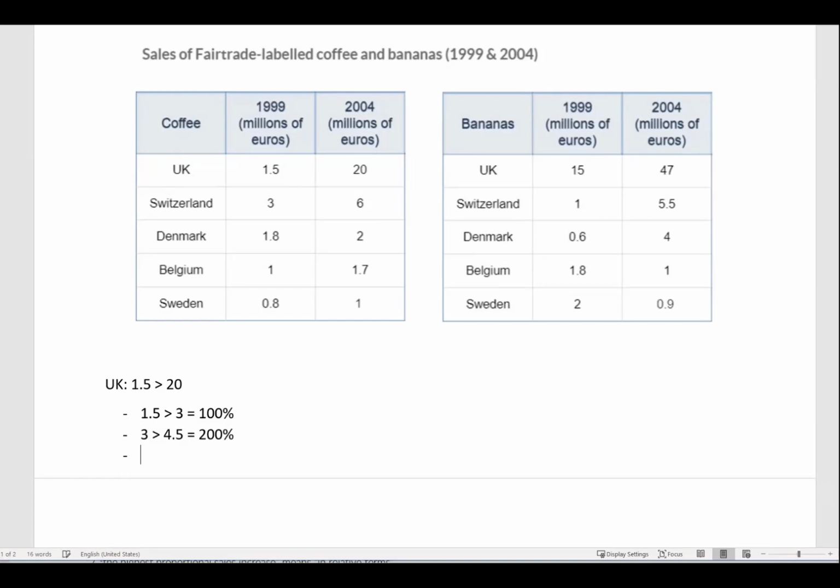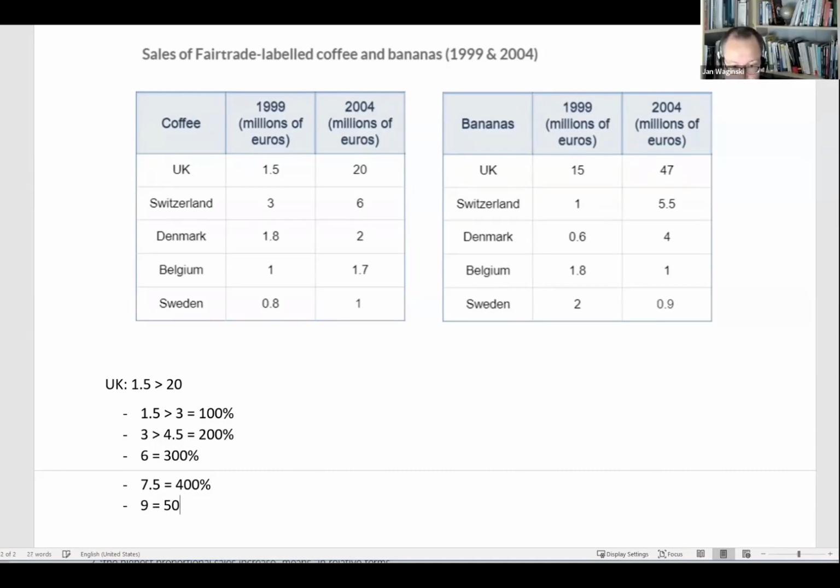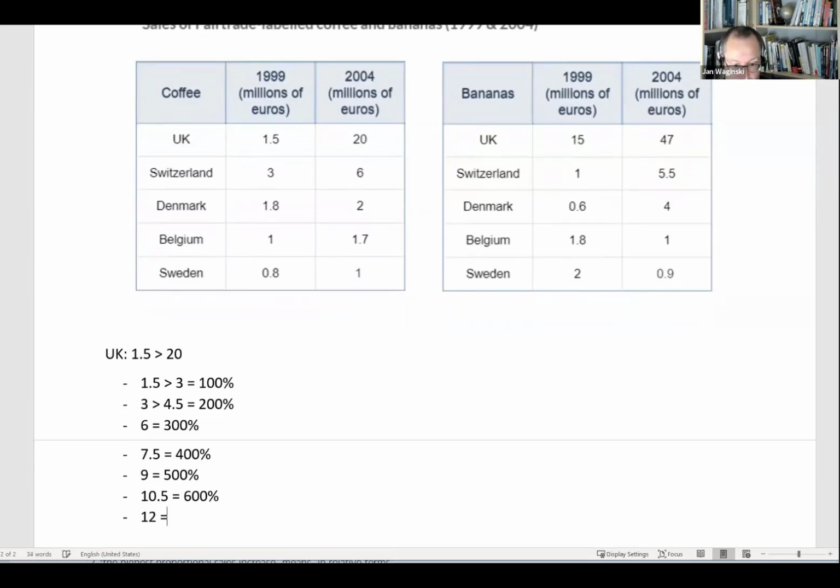Then the next value is 6, 7.5, 9, 12, 700%, 13.5.